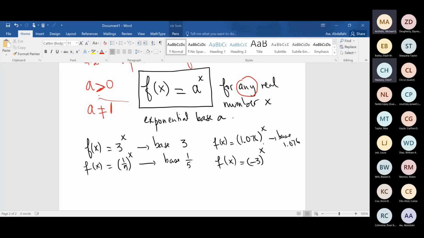No, we cannot have a negative number. Thank you. Yeah, I wanted to trick you. This is not an exponential function, right? Okay. So for any exponential function, a to the 0 power is how much? Always 1, right?